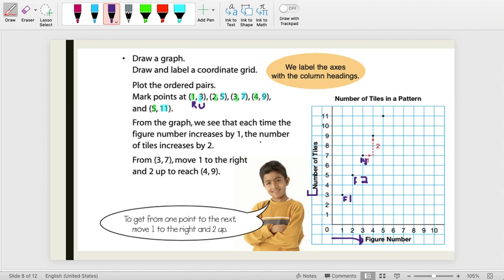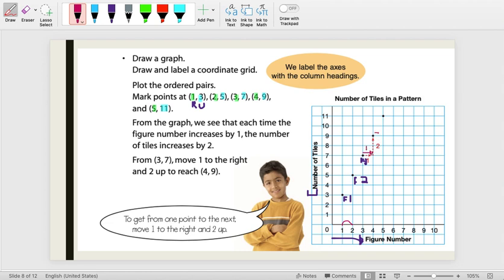So from this graph, what we can see is that each time the figure number increases by 1, so we're going this way, increases by 1, right? Every time it increases by 1, the number of tiles increases by 2. So every time we go right 1, we also go up 2. Okay?